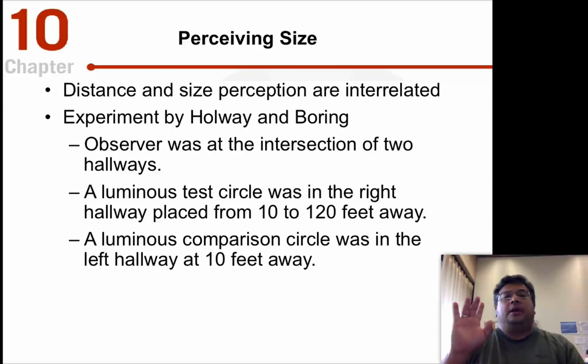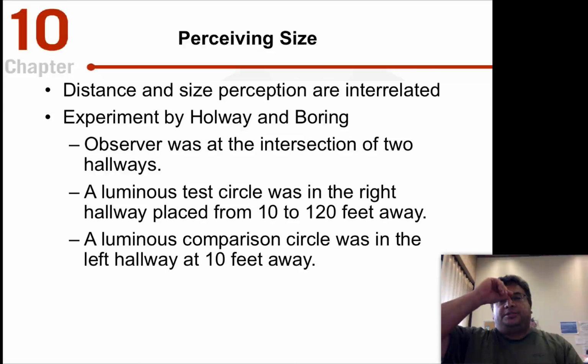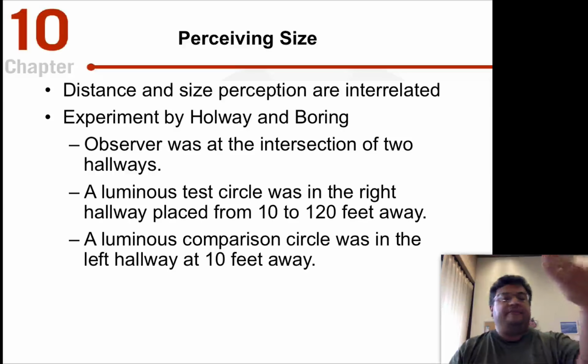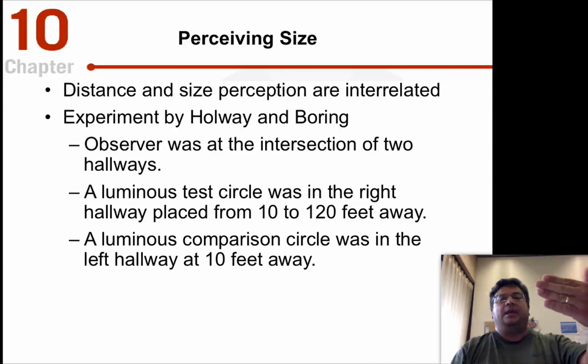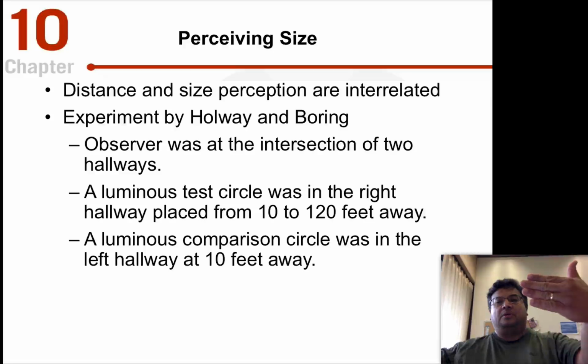It was dark, and a test circle was in the right hallway, and it was placed anywhere from 10 to 120 feet away. And then in the other hallway, there was a comparison circle that was 10 feet away. So the left hallway had the comparison circle that was always 10 feet away, but the test hallway had the circle that could be projected anywhere from 10 to 120 feet away.